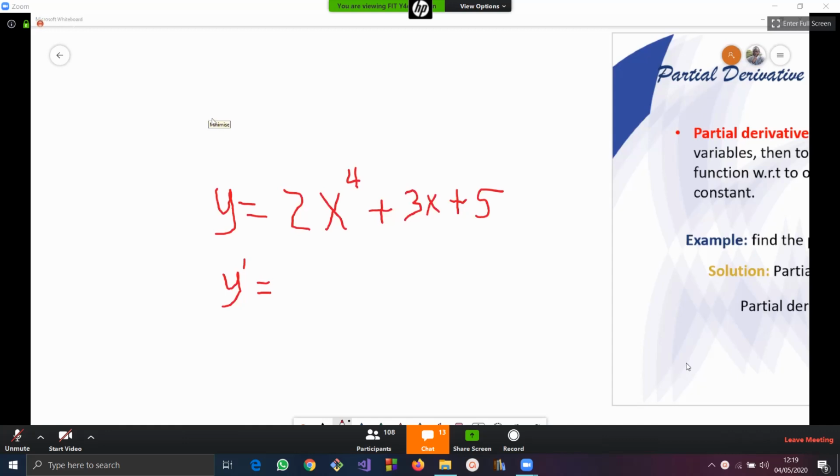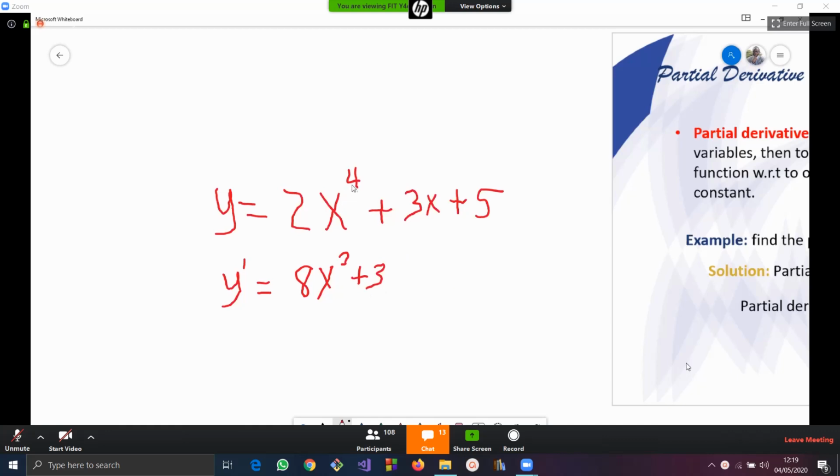Can we do the dy/dx of this one? Yes, 8x power 3 plus 3. Good. That's the derivative, the first order derivative.